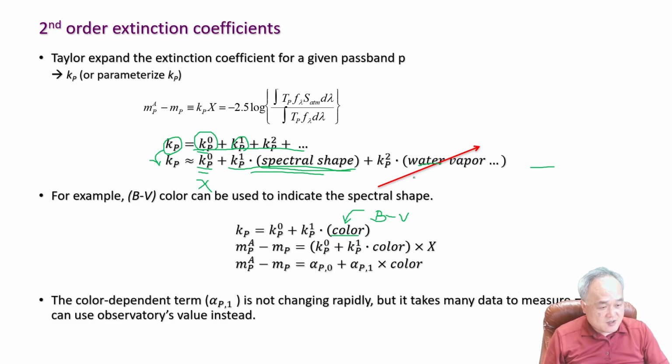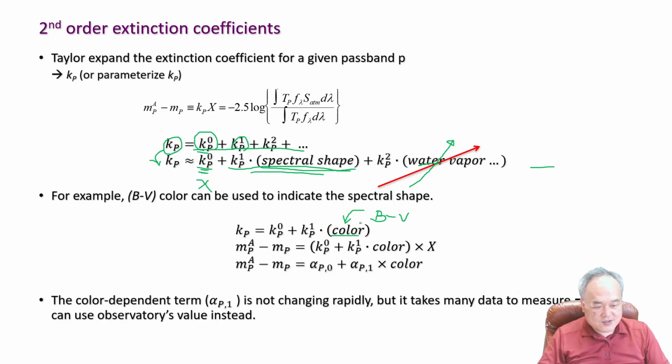Usually these are much smaller effects, at the level of less than 0.1%. The color effect is usually about a few hundredths of a magnitude, and the atmospheric extinction zeroth order term is a few tenths of a magnitude. So we typically just ignore the higher orders all the time.